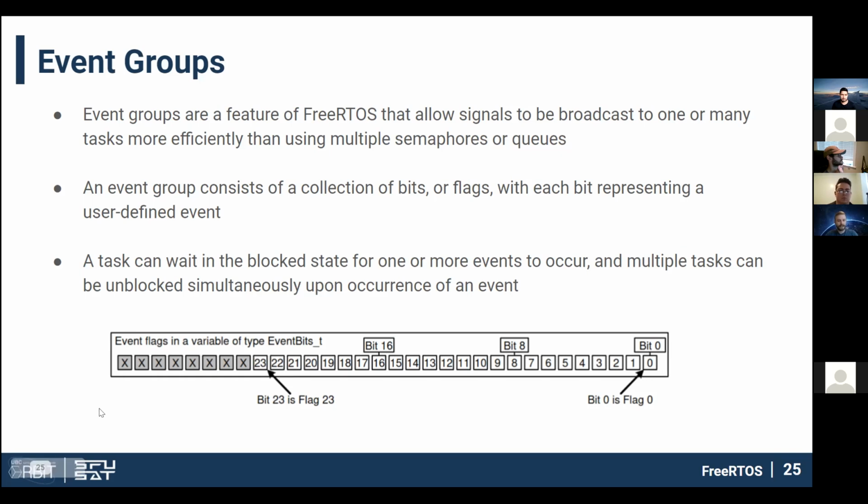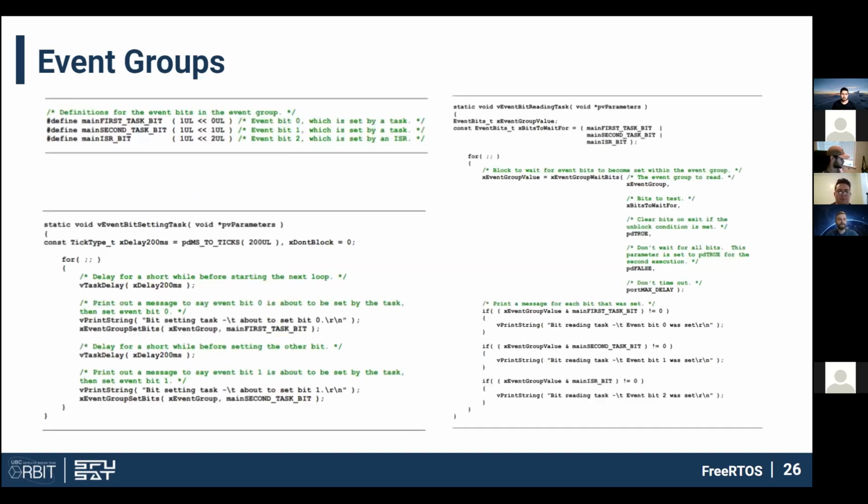So yeah, this is what an event group would look like. Bit 0 would correspond to some flag, bit 1, 2, 3, 4, 23, whatever. So you can block a task to wait on one event or on a combination of events to occur. And you can also do that from multiple tasks at the same time. So here's a short code example to show you how this works.